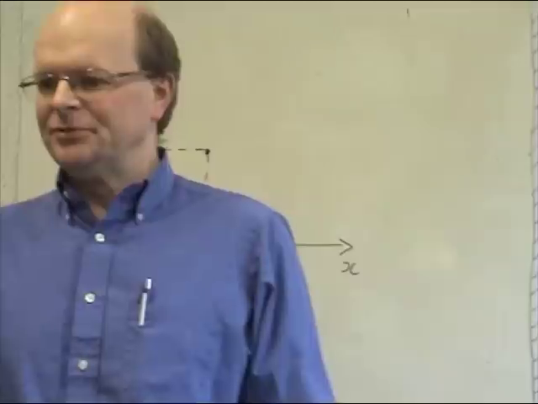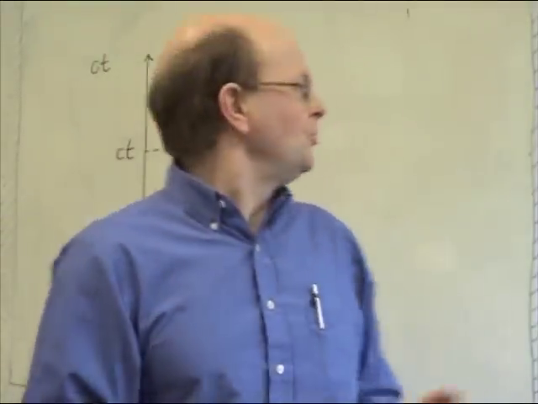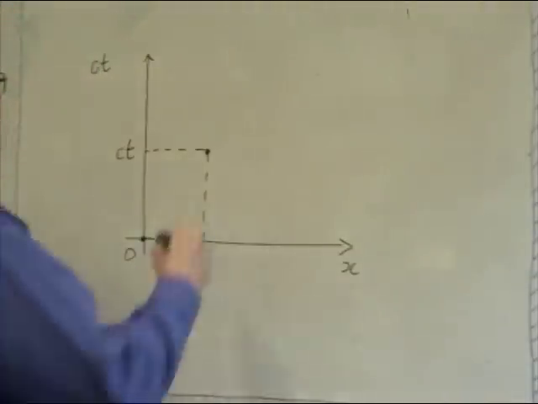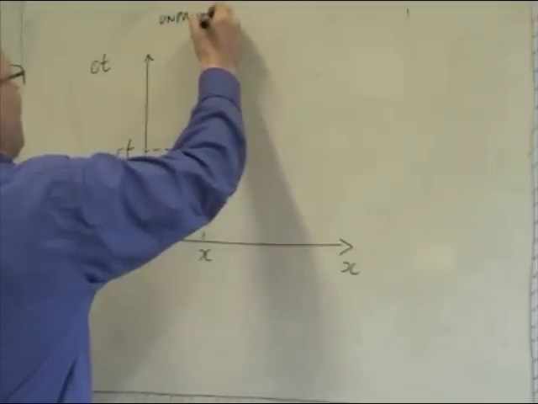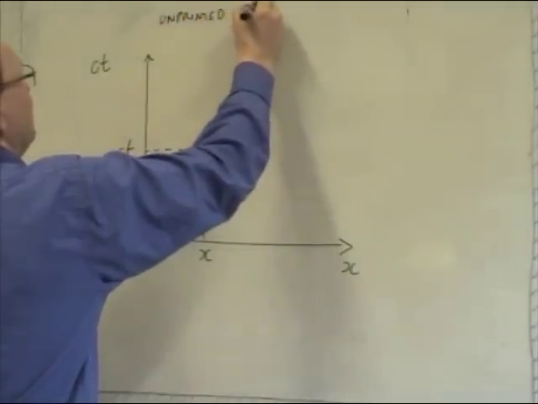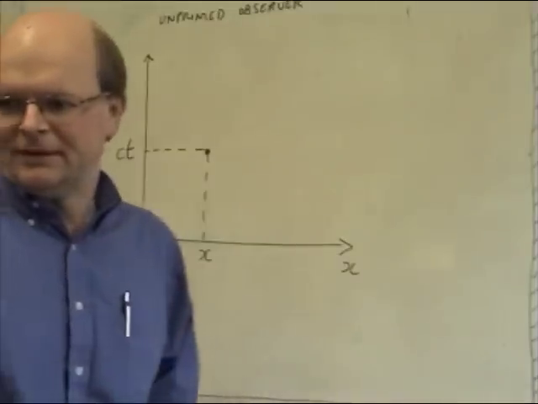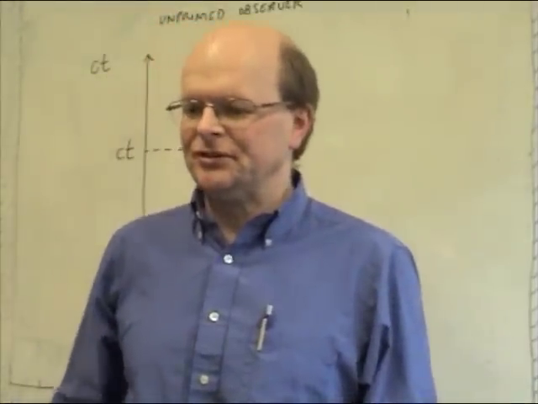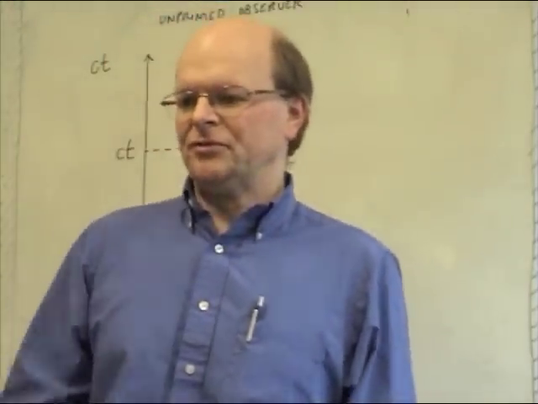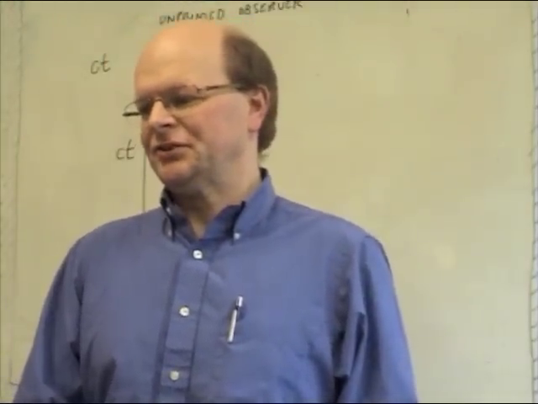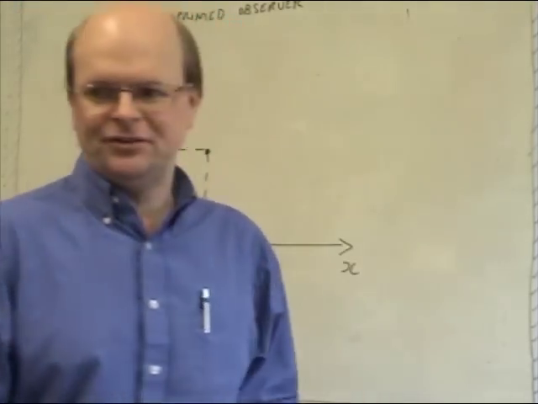Now you can have another observer who's moving with respect to this observer. So if we call the observer who measures CT and X the unprimed observer, it is possible, and in fact you see it in relativity all the time, that a different observer who's moving with some velocity relative to the first observer will see different coordinates for the same event.